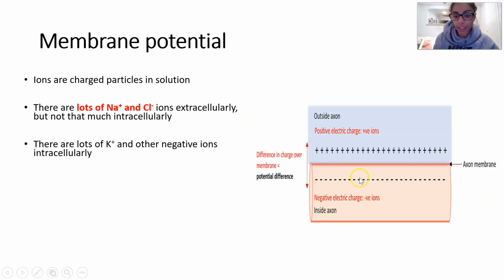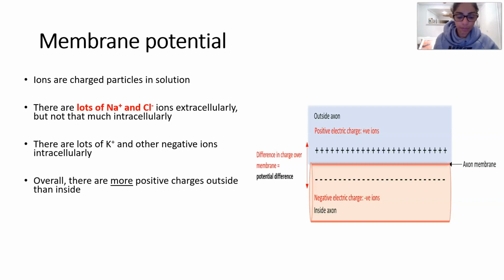And the reason for that is because inside the axon there are lots of potassium ions and other negatively charged ions, anions.